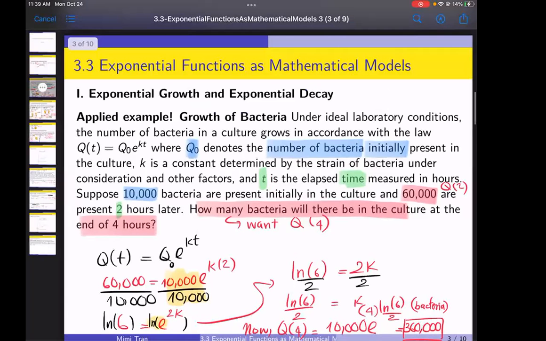You're going to have something like that on the exam. I would suggest you look at your homework and my lecture notes for the decay. You have one question like that on the exam. It's going to be a decay question.